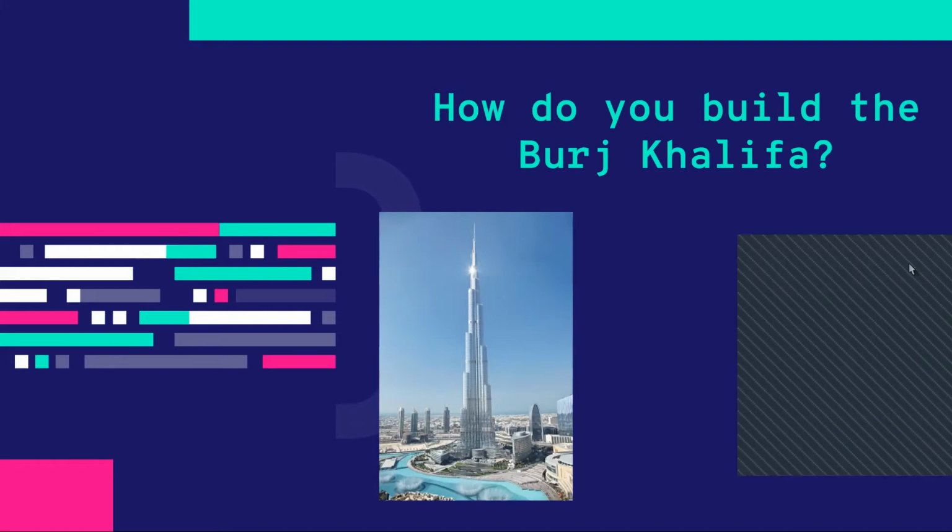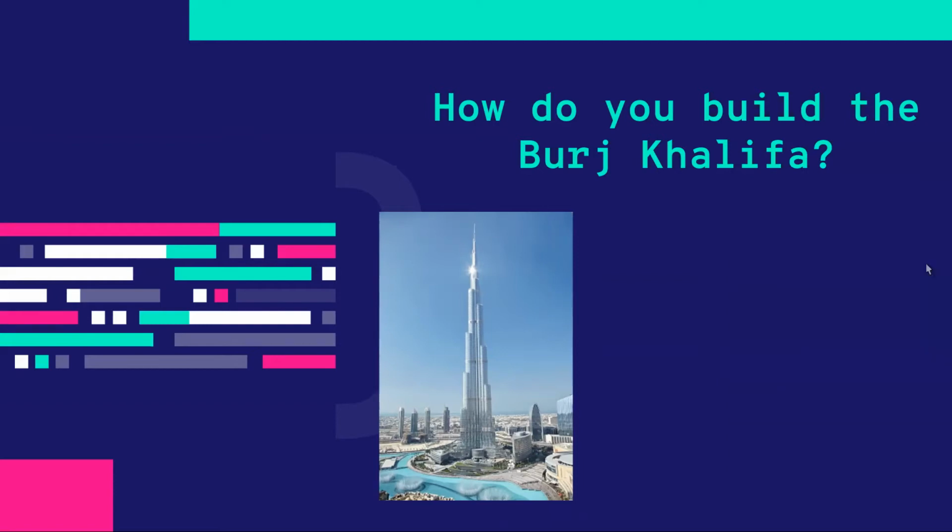So what comes to my mind is, if you think of any huge project, you will break it up into smaller parts, right? If you want to build the Burj Khalifa, you cannot really build the whole thing at once. You'll have to make its parts.